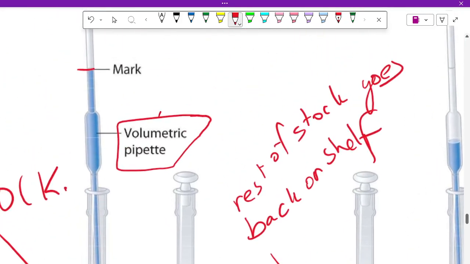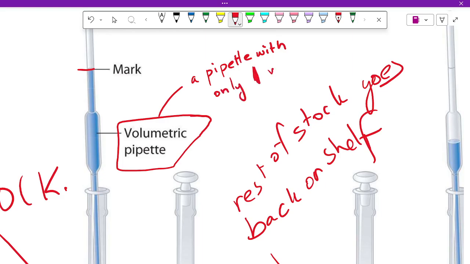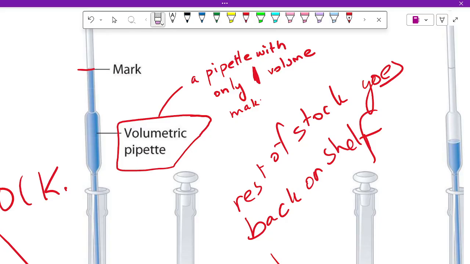A volumetric pipette is a pipette with only one volume marking.